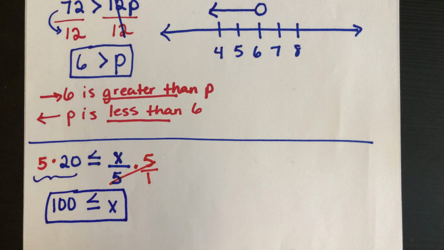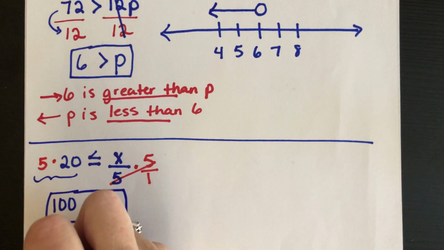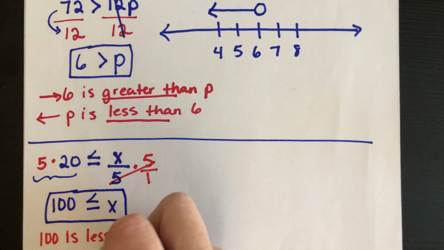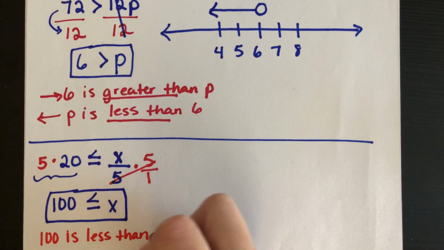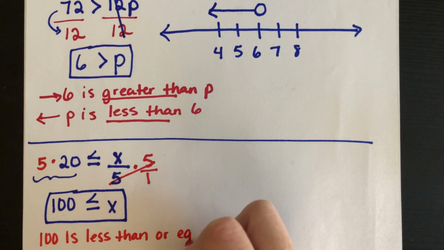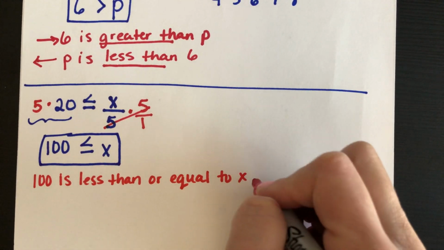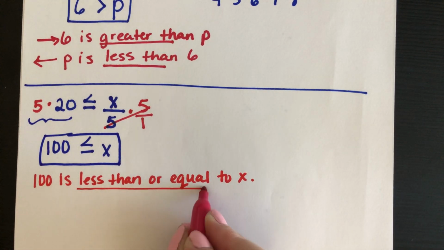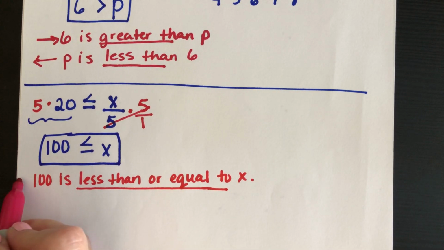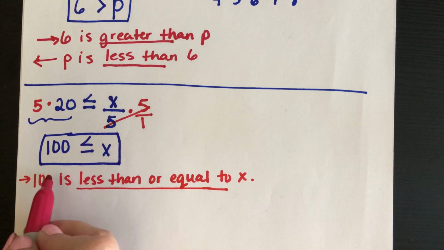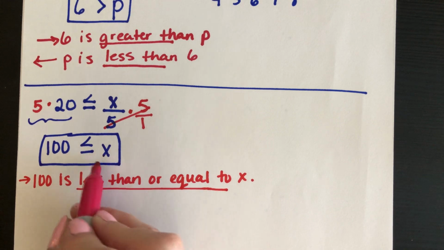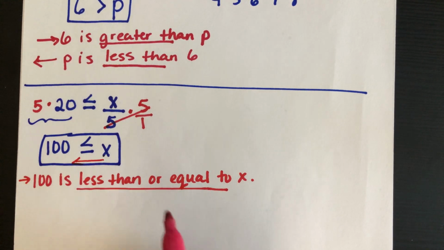So I'm going to write that down. 100 is less than or equal to x. But since I'm reading that left to right, and my variable's on the right, I need to read it from right to left.